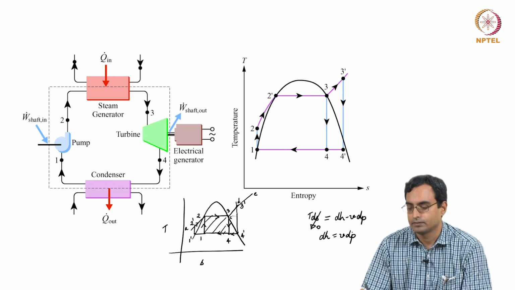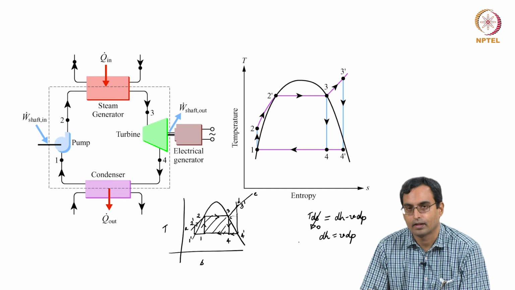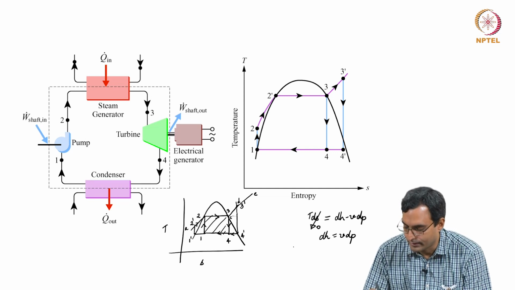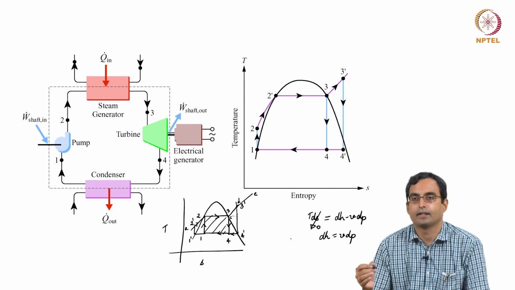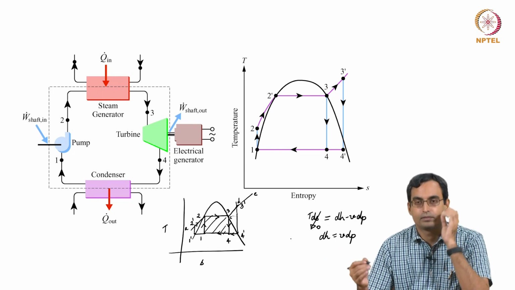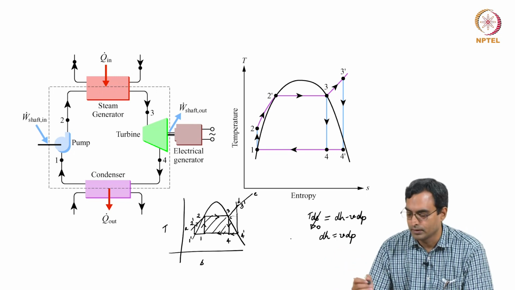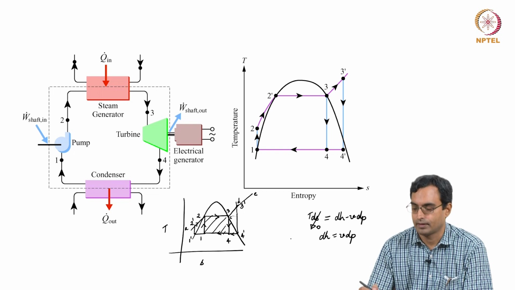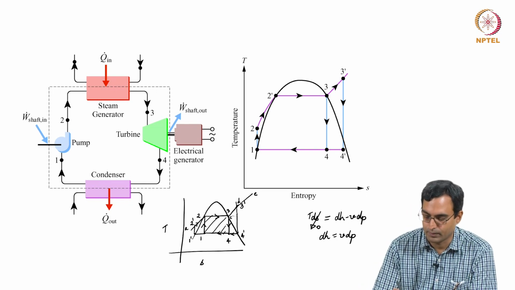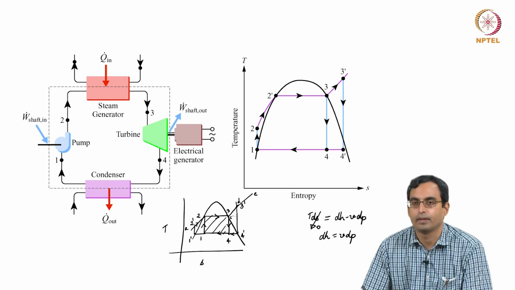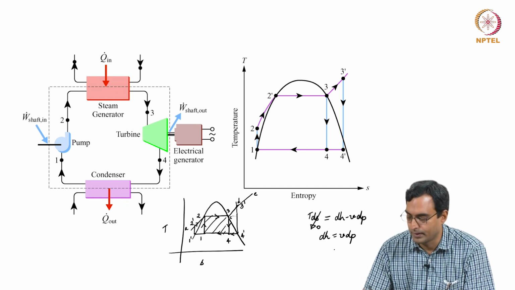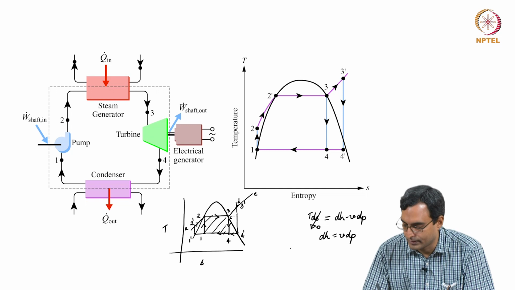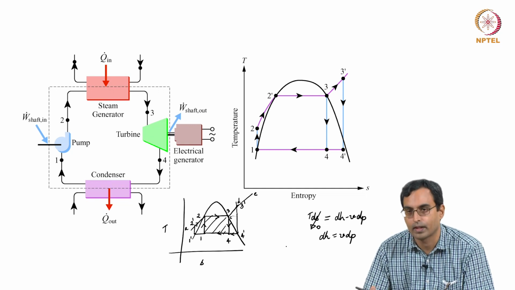From the first law, for a control volume, we had the expression d by dt is the heat input minus the work output and so on. So, if you consider this process from 1' to 2' to be isentropic, it is adiabatic also if you consider it to be steady. So, then we have essentially d by dt is 0, Q dot is 0.